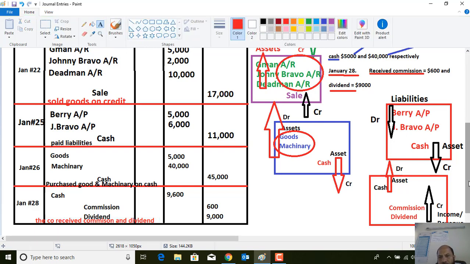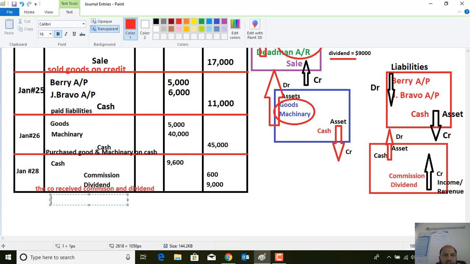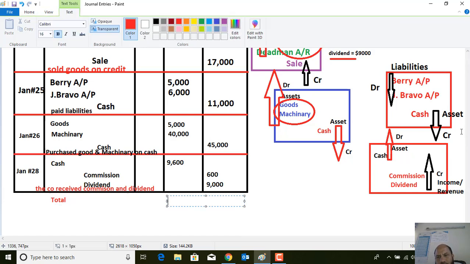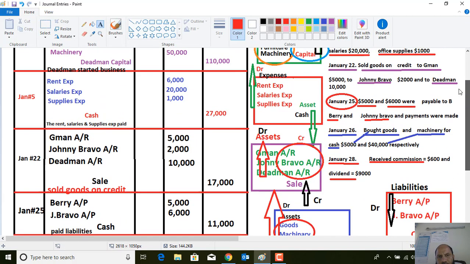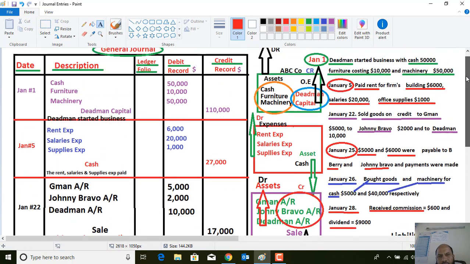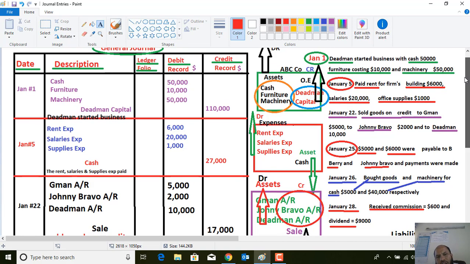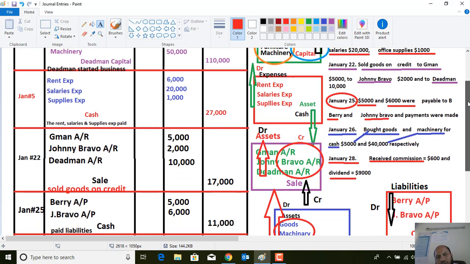And finally, we will take the total of all these accounts. So here we will sum the debit side and also the credit side. So if you see over here, dear students, we have, for example, 1,10,000 over here and 127,000 over here. This is equal to 1,37,000.